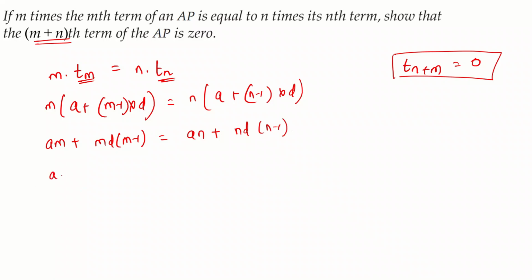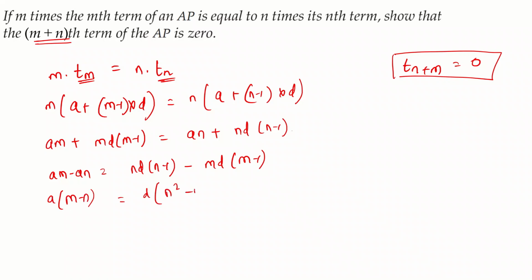So what I get, am minus an is equal to nd times n minus 1 minus md times m minus 1. So I can take a common, I get m minus n, and I can take d common in here, I get n square minus n minus m square plus m.